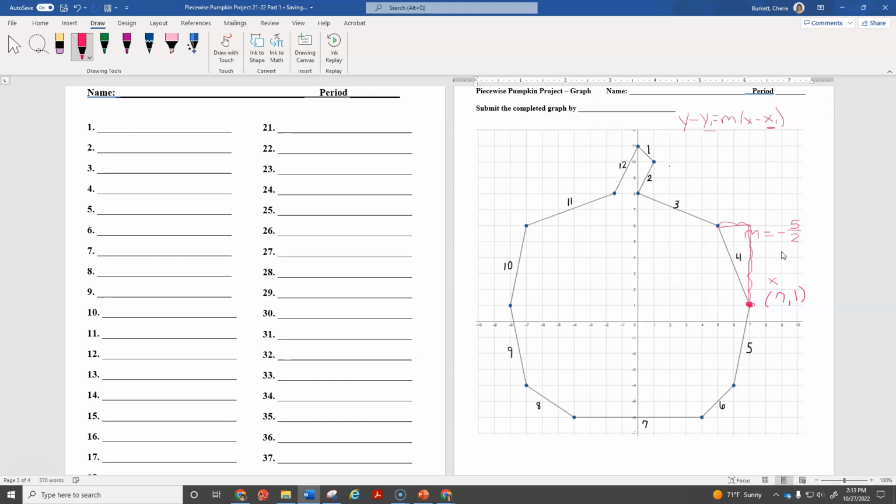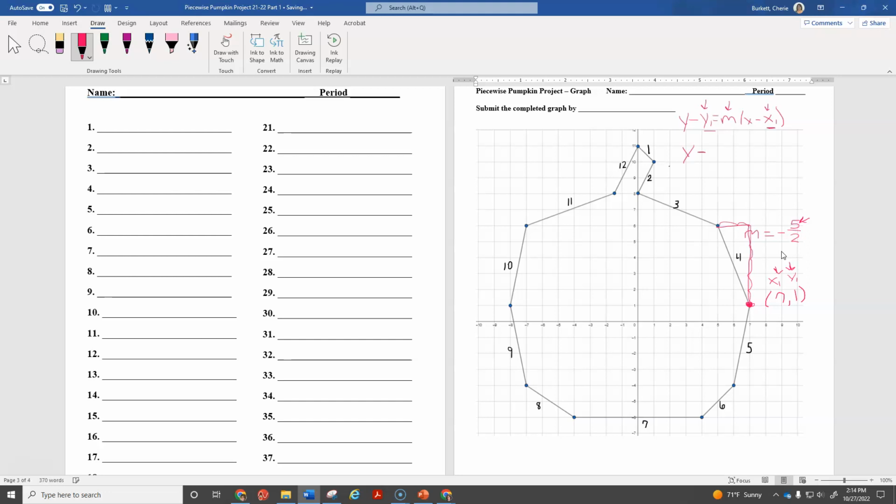So this is the x1 value, this is the y1 value, and you're literally just going to plug those in, replacing these 3 letters with these 3 numbers. Okay, that's all we're going to do.